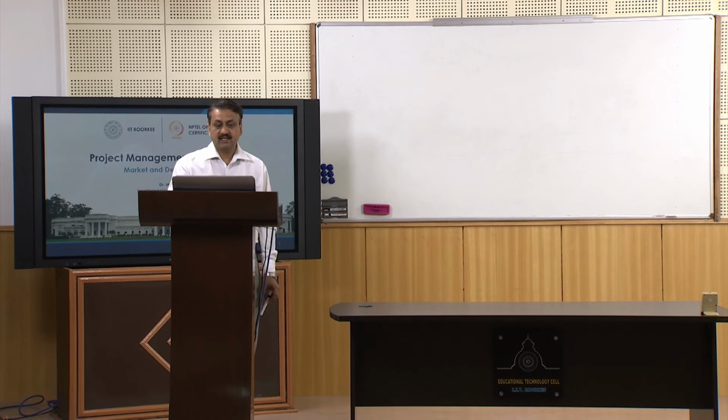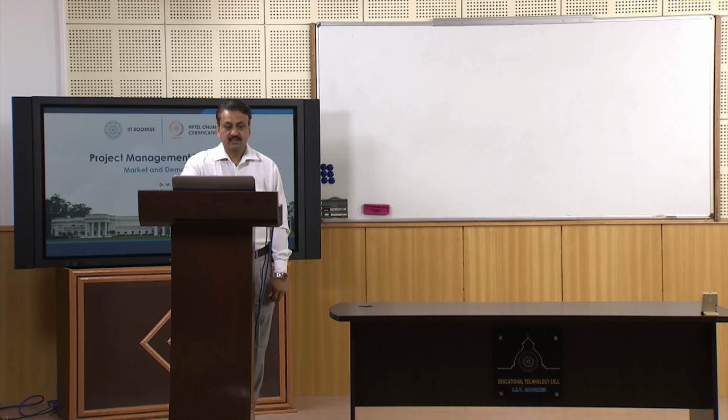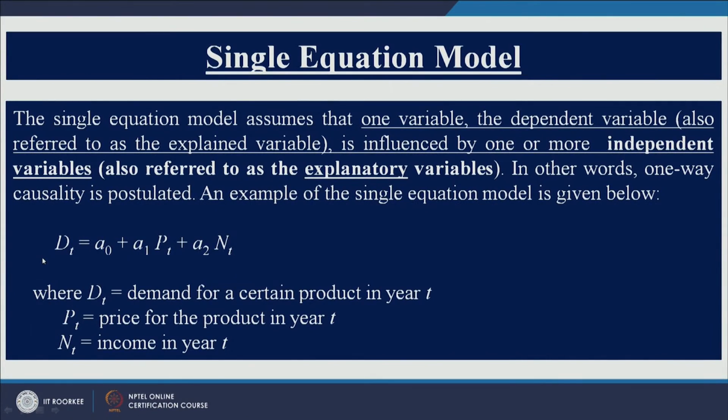So, an example here is, let us say demand for a certain product in year T is a function of two independent variables, namely price of the product in that year and income in that particular year. So, A0 is nothing but a constant, right.